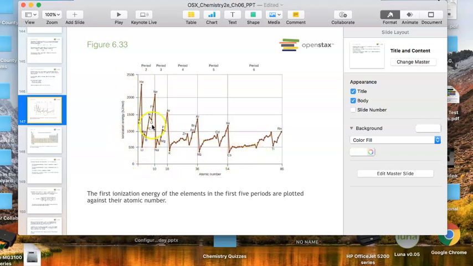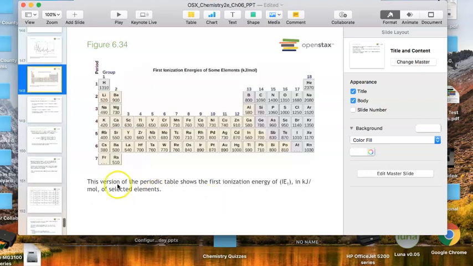Okay, and so here you see the trend going up as you go across a period, which makes sense. You're adding electrons, so when you try to take one away with ionization energy, you need an increased amount of energy in order to remove that one electron. All right, so here we have actual values of first ionization energies for all the elements of the periodic table.